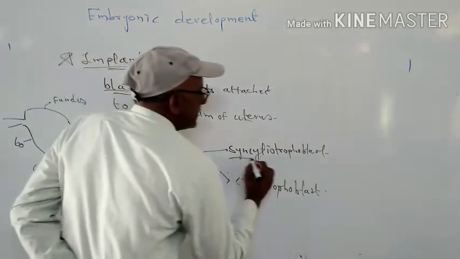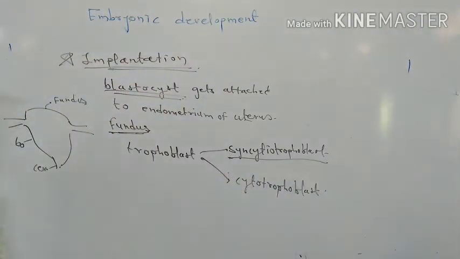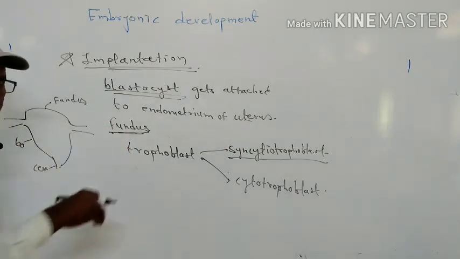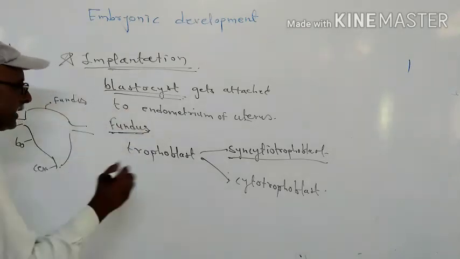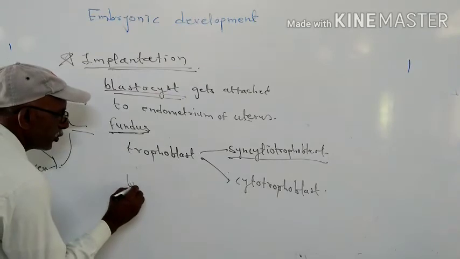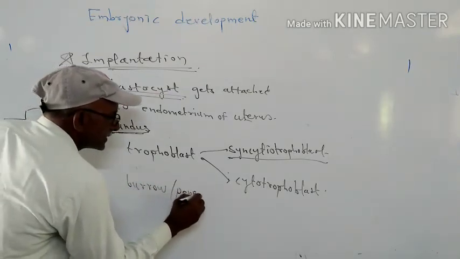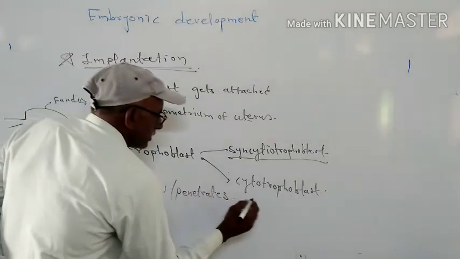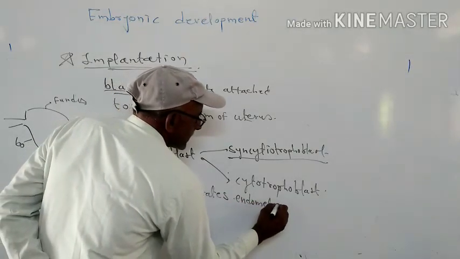What happens with these syncytiotrophoblast cells? They form a structure which penetrates or forms burrows in the endometrium. They are sticky and active.